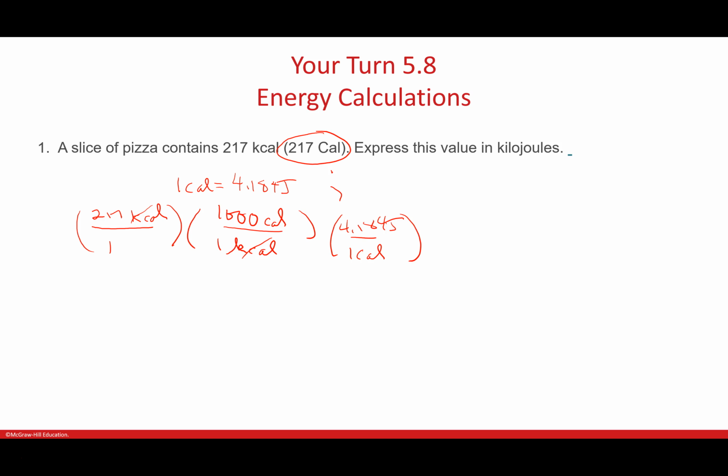So then how am I going to get it to kilojoules? Now my calories cancel and I have joules. I'll put joules on the bottom and kilojoules on the top. What's the relationship between joules and kilojoules?